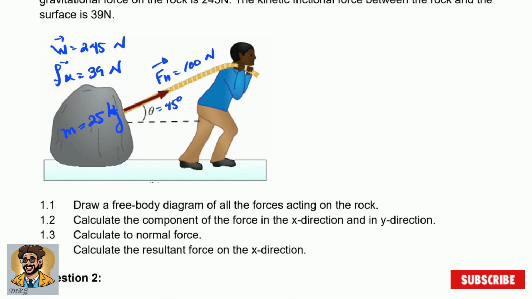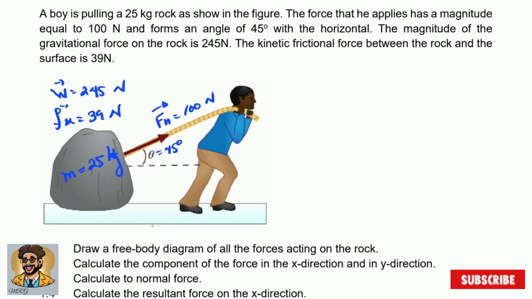Draw the free body diagram of all the forces acting on the rock. The rock is going to become a dot. What forces are acting on that rock? We'll have the applied force, which forms an angle of 45 degrees to the horizontal. We have the kinetic frictional force pointing in the opposite direction.